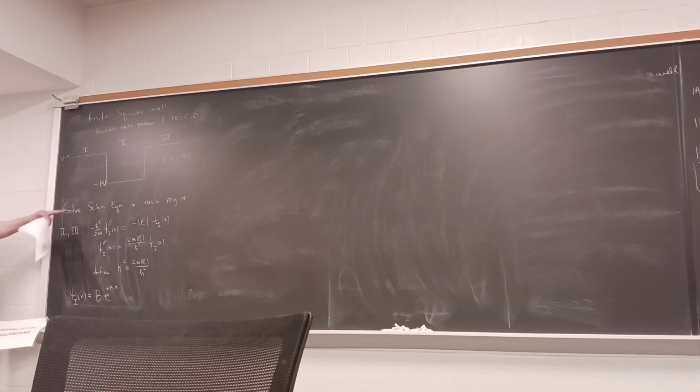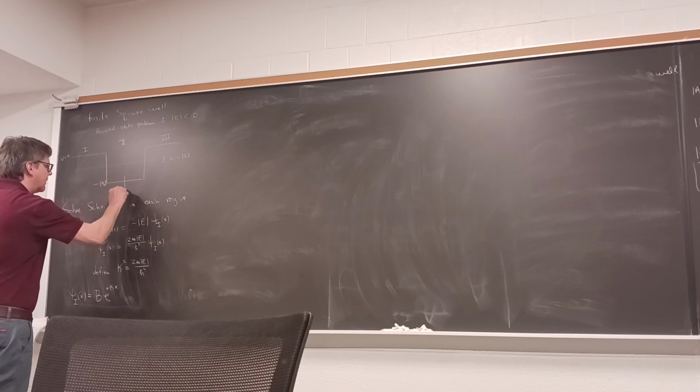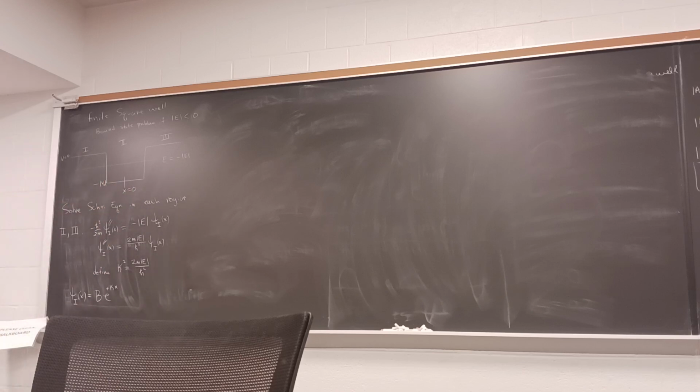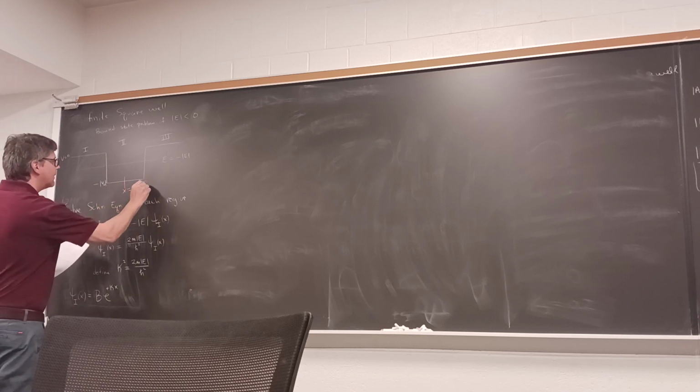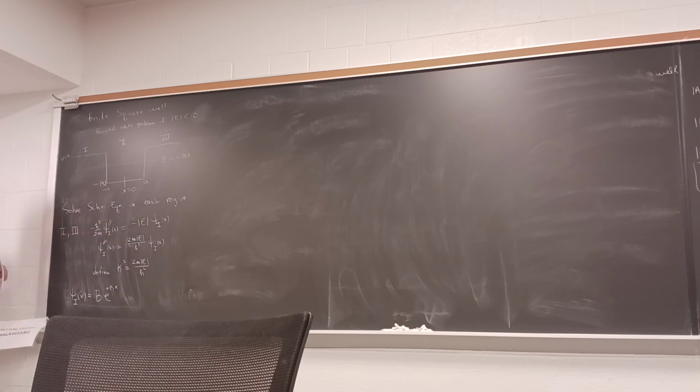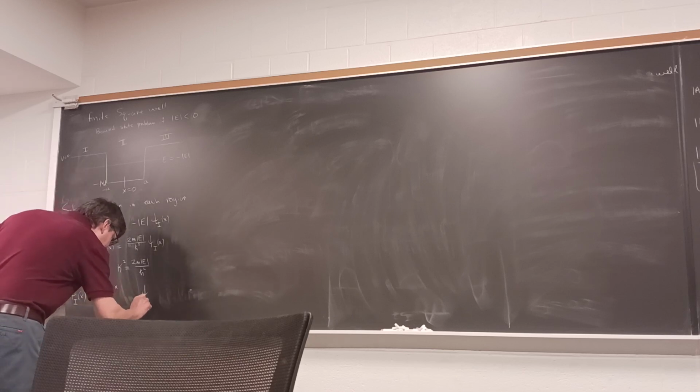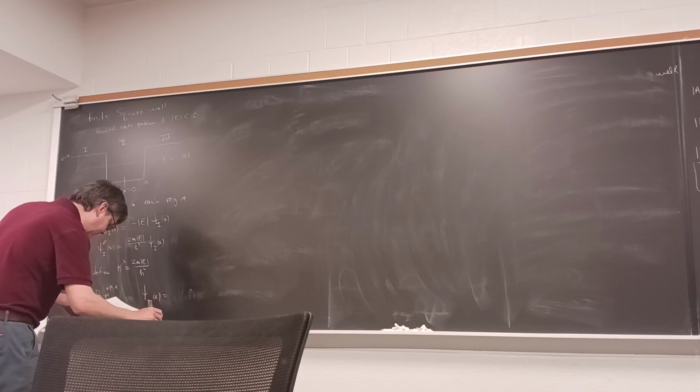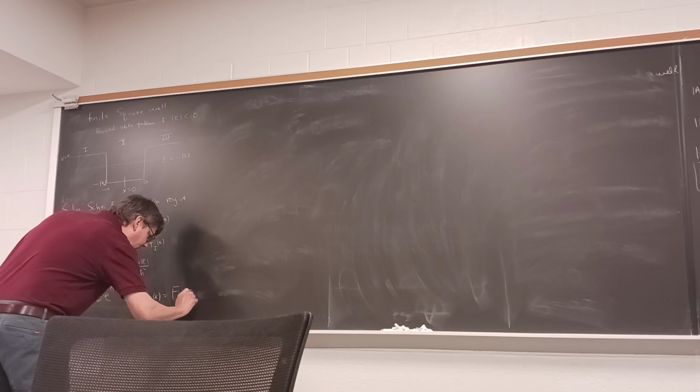It'll be plus kappa x because if we put the origin of our coordinate system in the middle of the well, and the well has a width of 2a, so that's minus a to a, then psi 1 will be plus kappa x because x is negative. And then psi 3 of x will have an amplitude of F, e to the minus kappa x.